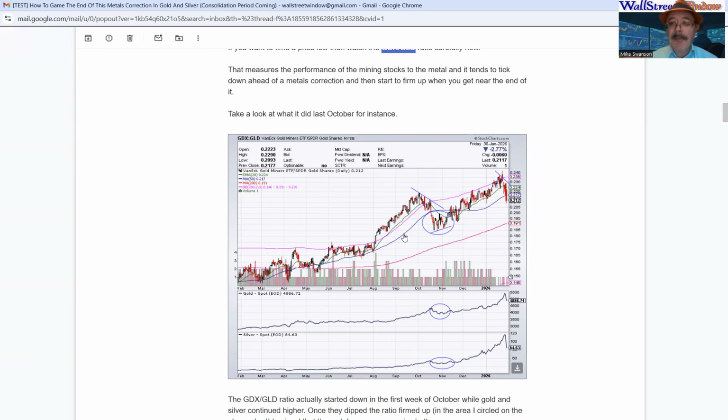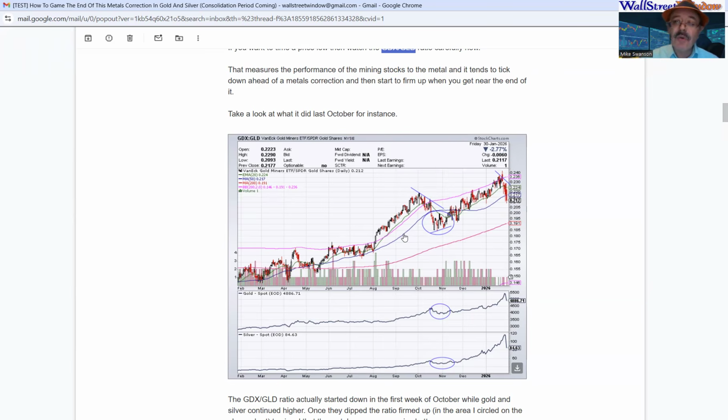And then when the correction begins, this ratio tends to go down. The mining stocks trade down harder than gold at first, but then the ratio stabilizes. The mining stocks start to actually outperform gold. They either don't fall as much on a percentage basis during a day when gold and silver are down, or even go up.